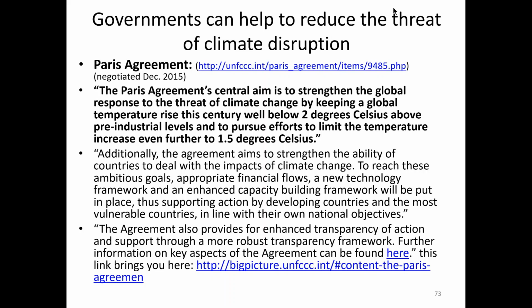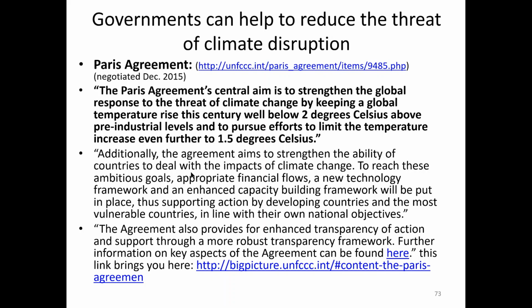So what this means is we look at pre-industrial levels and we want to try and keep the temperature rise below an increase of 2 degrees when you compare it to the pre-industrial levels. The agreement is also aiming to strengthen the ability of countries to deal with impacts of climate change.